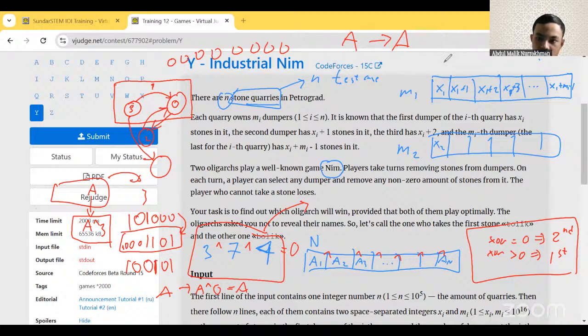So just to discuss again, in this problem the array is like this. We need to find the XOR between these. Do you know how to XOR some integers, some adjacent integers, how to find it?